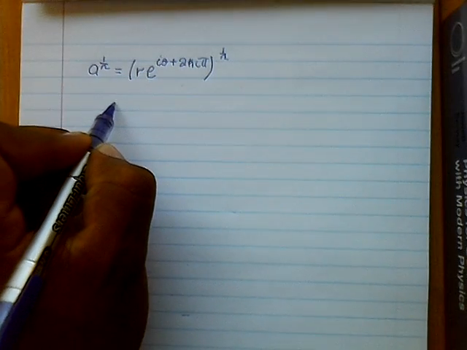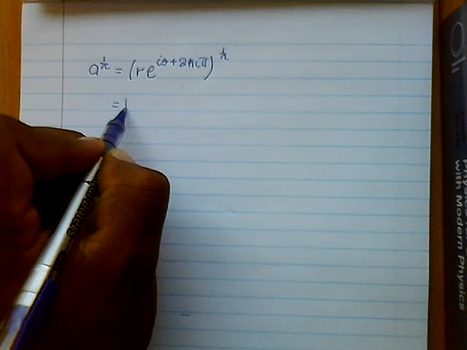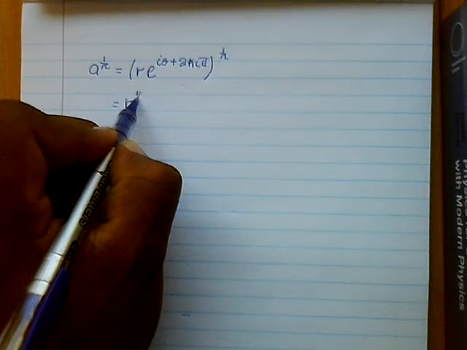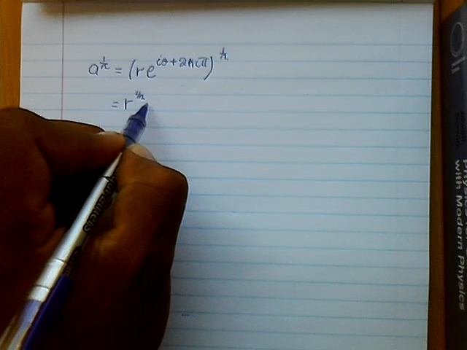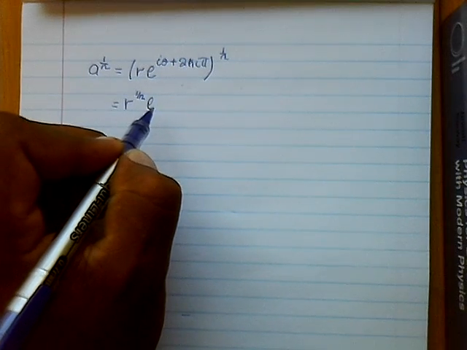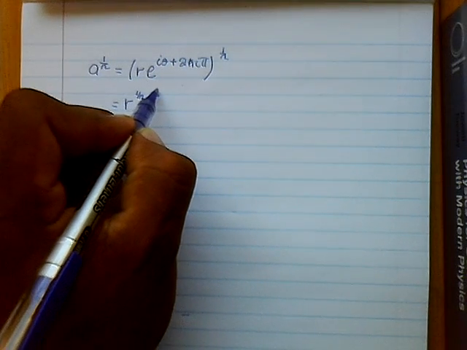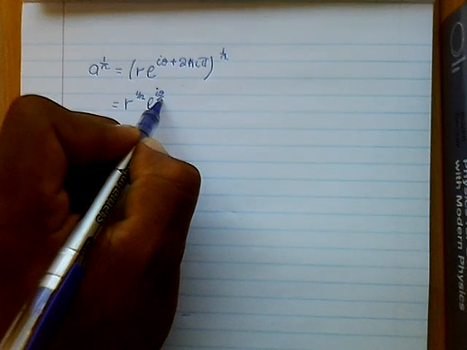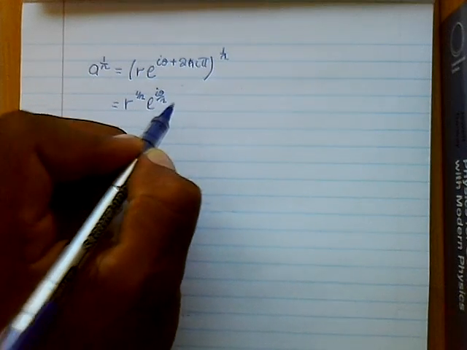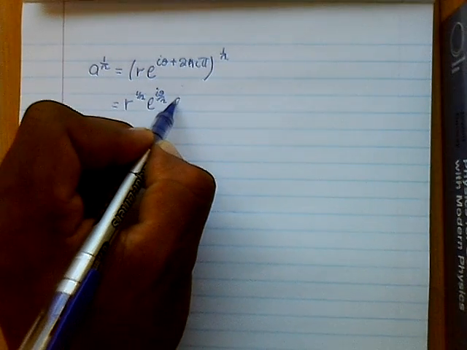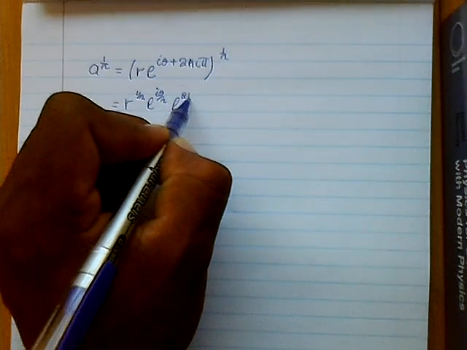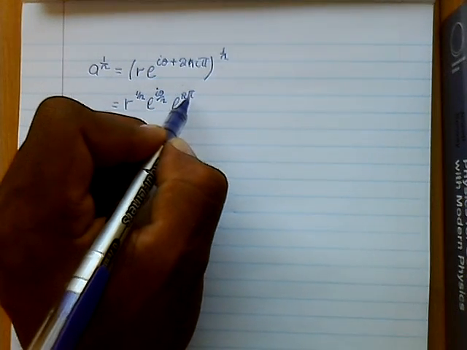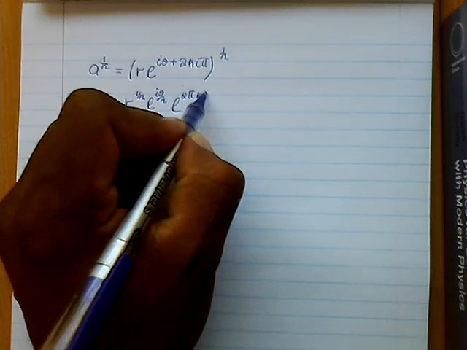This simplifies to r to the power of 1 over n, and then e to the power of i theta over n, multiplied by e to the power of 2 pi k i.